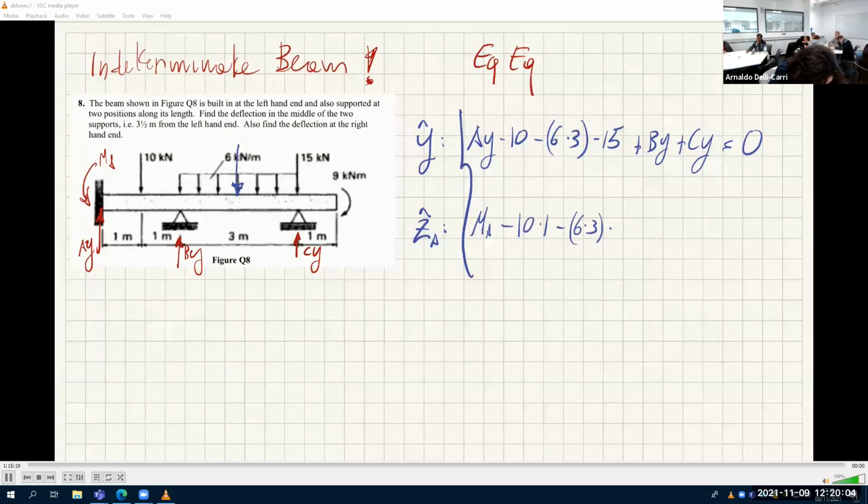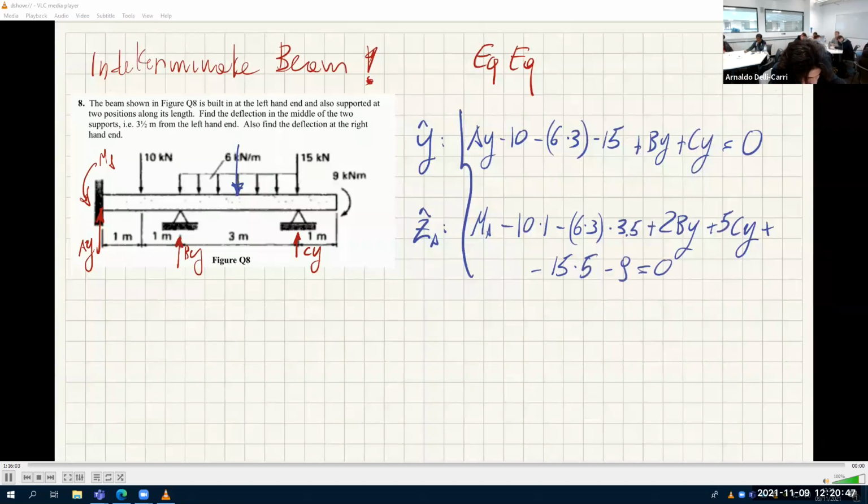Do you agree? 3.5. Minus, so plus 2BY plus 3CY minus 15 times, it's not 3, this is 5 to CY, 15 times 5 again, and then minus 9.